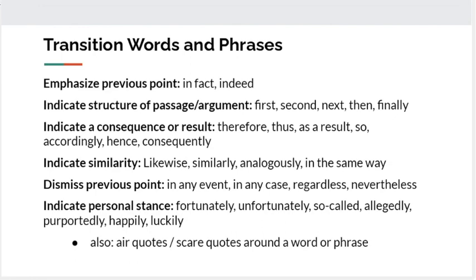To indicate the structure of a passage or argument: first, second, next, then, finally. To indicate a consequence or result of something that has previously been stated: therefore, thus, as a result, so, accordingly, hence, consequently. To indicate similarity in a comparison, we've got likewise, similarly, analogously, in the same way.